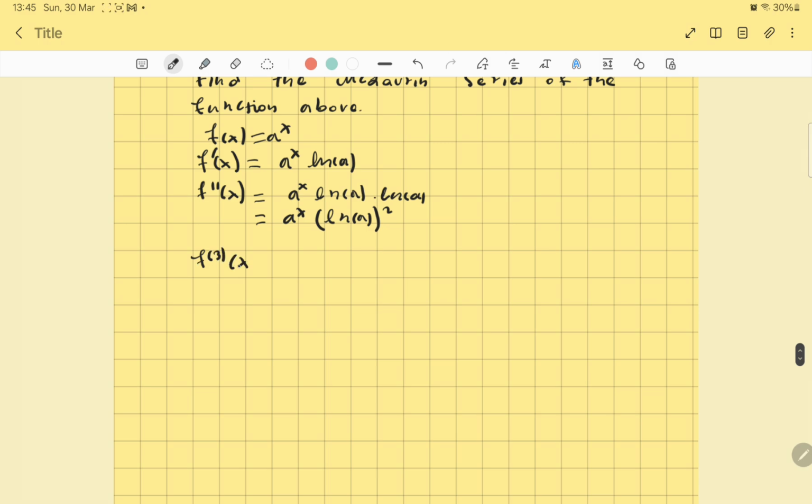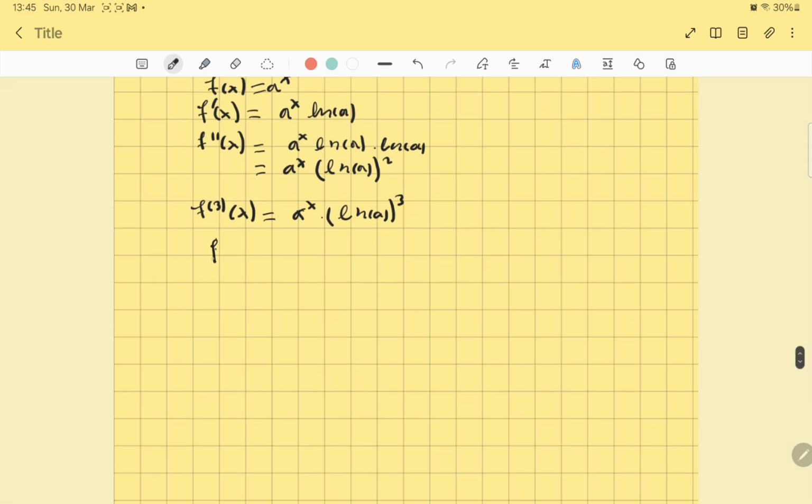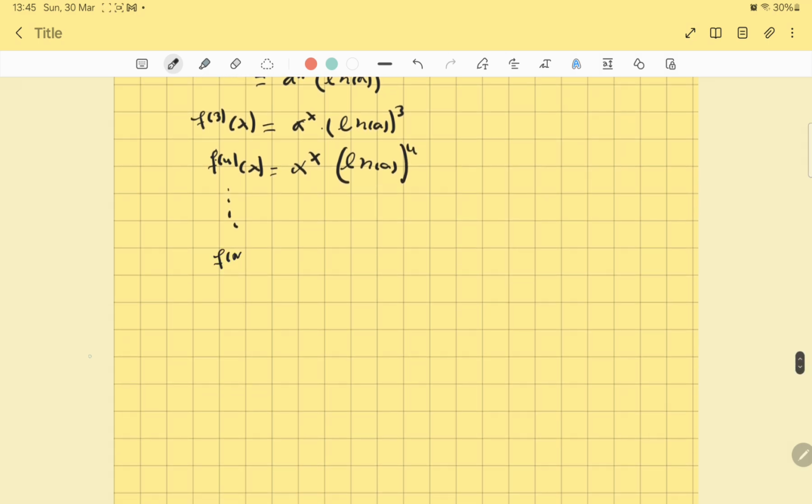The third derivative is a to the power of x times ln a to the power of 3. The fourth derivative is a to the power of x times ln a to the power of 4. The nth order derivative of the function is a to the power of x times ln a to the power of n.